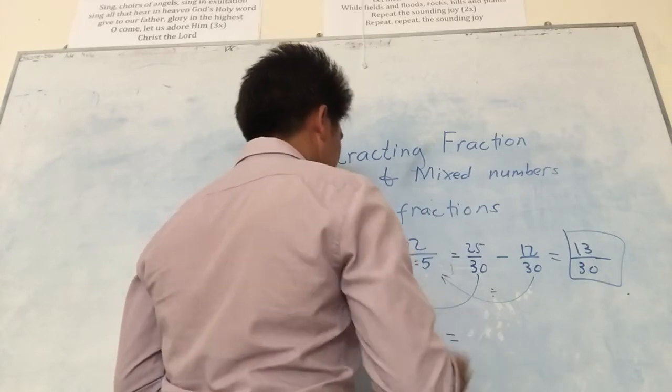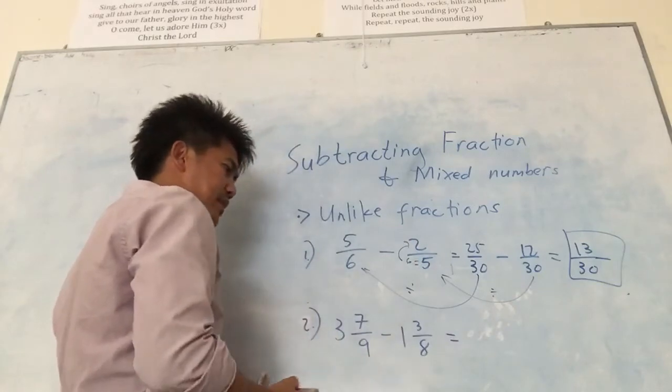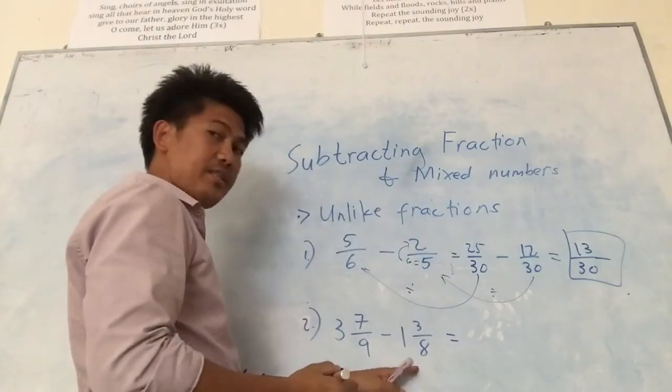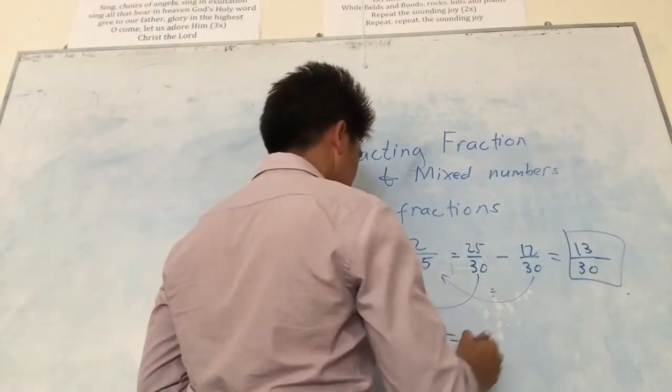Okay, so find the LCD of 9 and 8, that is 72.